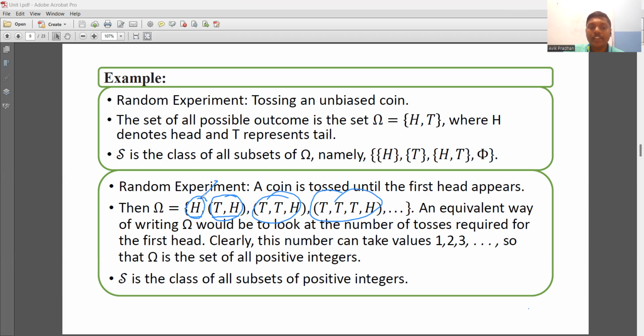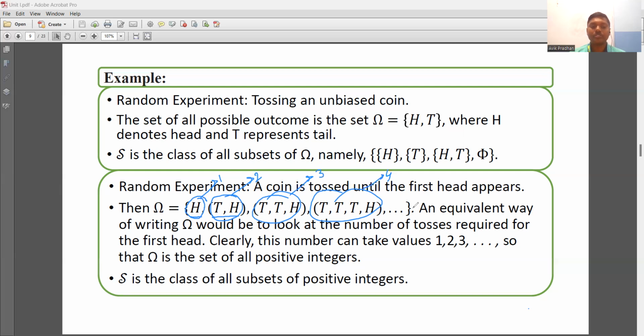The first element relates to 1, the second element to 2, the third to 3, the fourth to 4, and so on. So we can relate this omega with the set of natural numbers 1, 2, 3, 4, and so on, which is the number of tosses required to get the first head. It means a countably infinite set. Infinitely many elements are there, but it's a countable set.